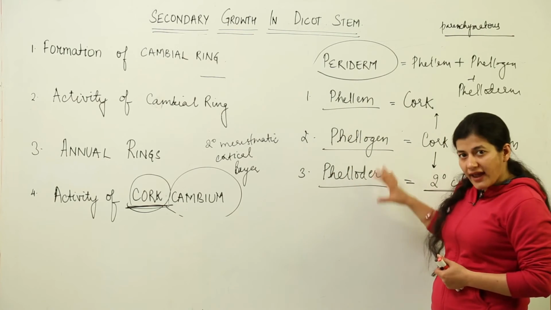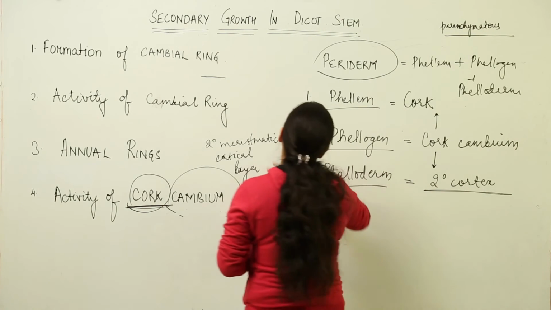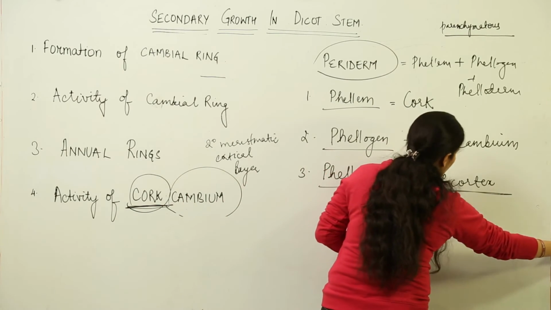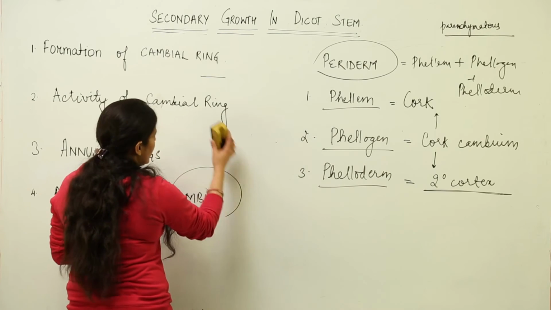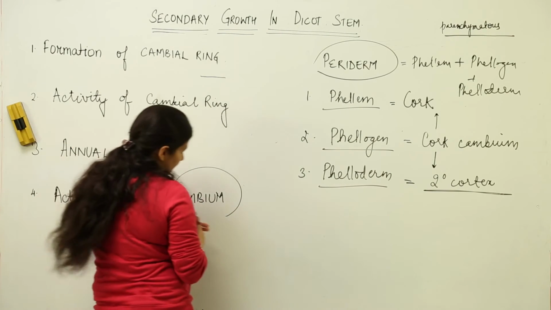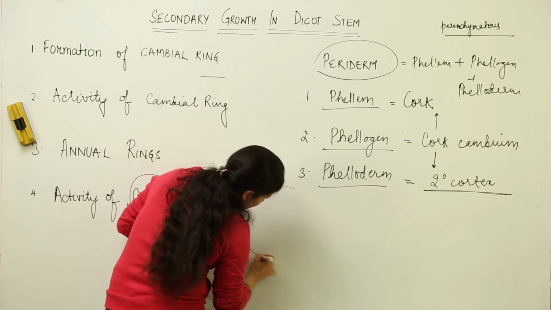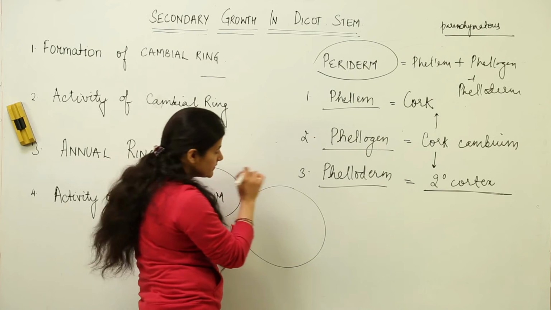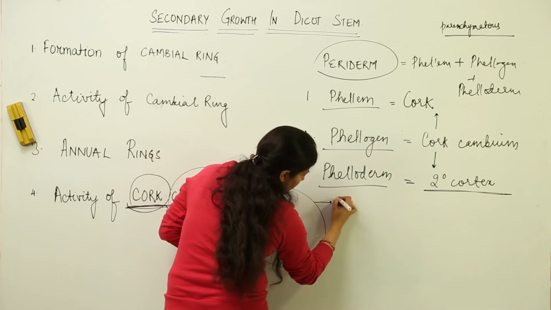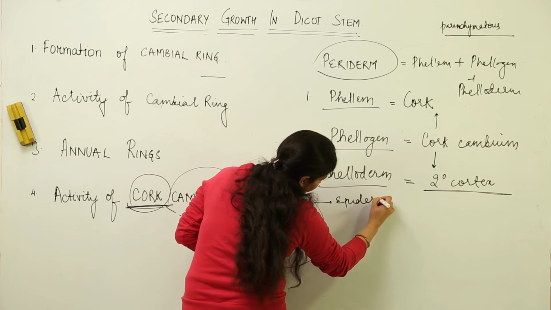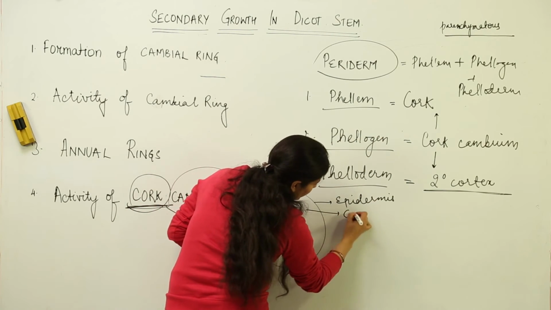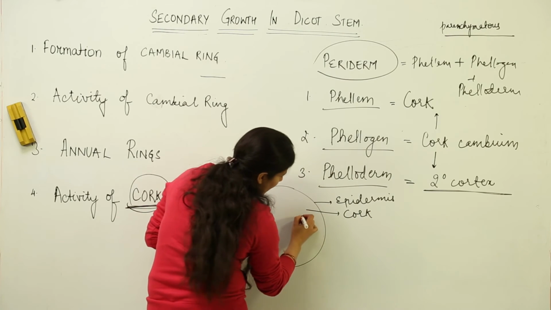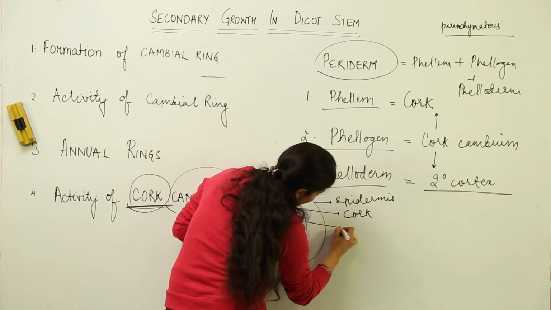So by the end of this entire secondary growth, what do we have and in what arrangement do we have these layers? Let us see. Supposedly this is the outer epidermis. Outer is epidermis, we just put it that way. When we move further, as I told you, we have a layer of cork. Then we have the cork cambium.